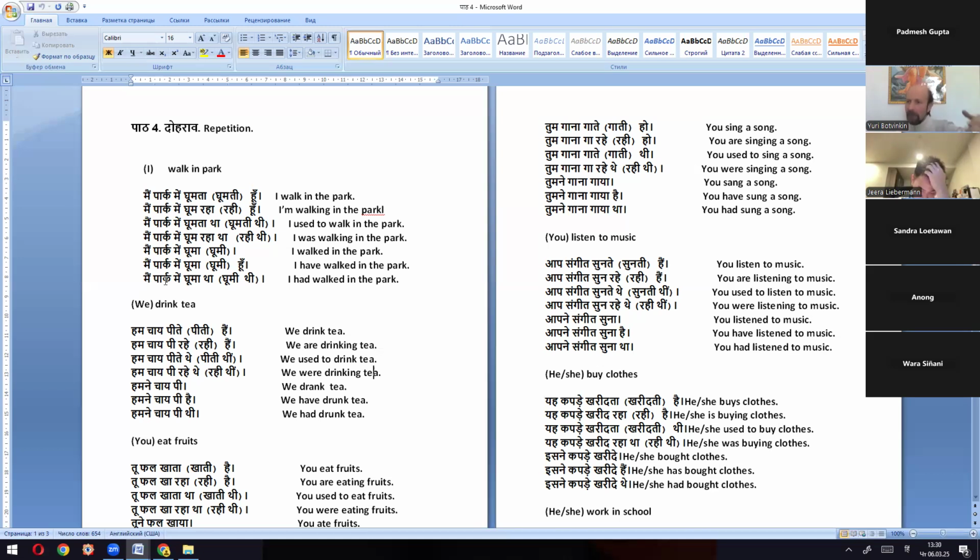Before something happened, I had walked in the park. मैं park में घूमा था. So let's count, 7 different tenses we already can use. What is left is only the future tense, which you will learn later.